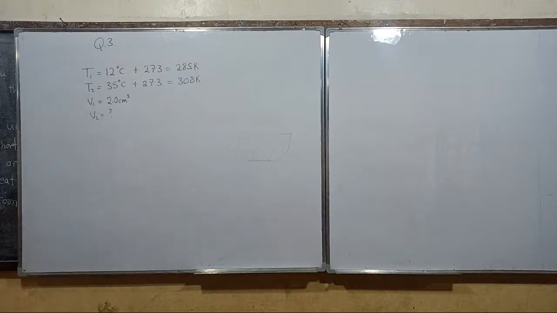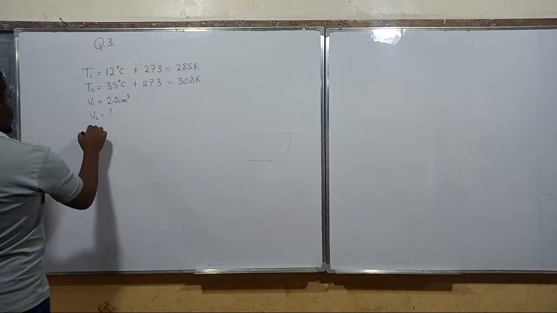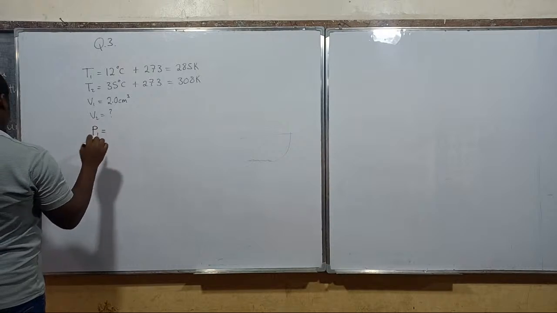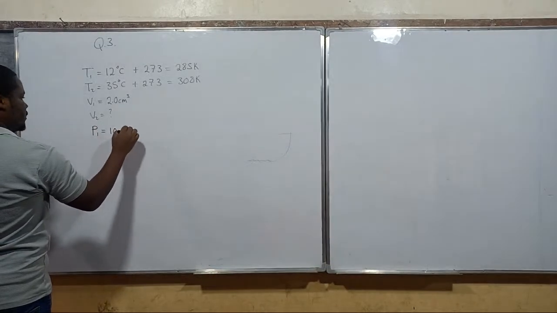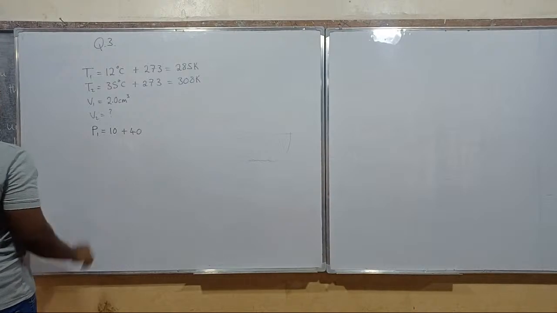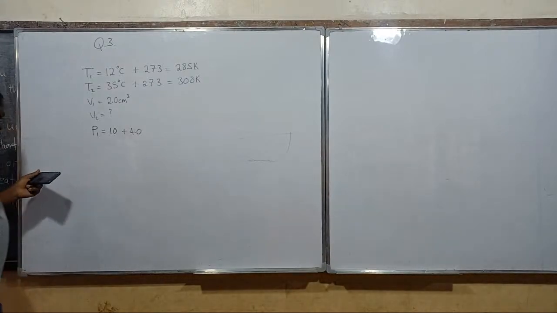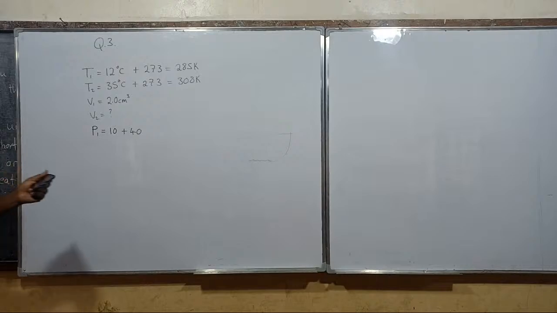Now, let's talk about pressure. So in the question, you've been told that atmospheric pressure is equal to 10 meters of water, meaning that pressure 1, in this case, will be equal to 10 plus 40. Why are we saying 10 plus 40? Because if you go through the question, the first statement says the depth at the bottom is 40.